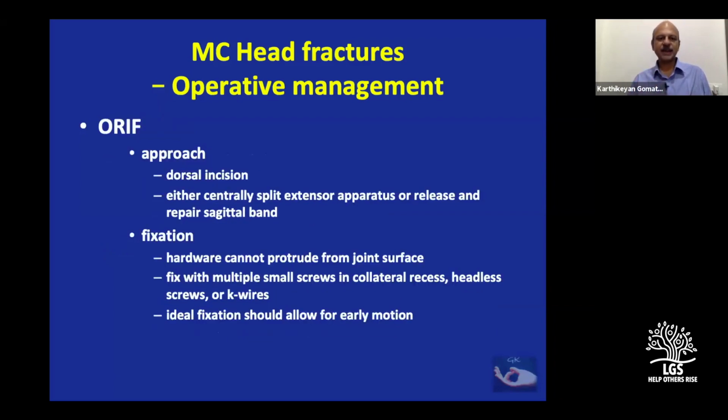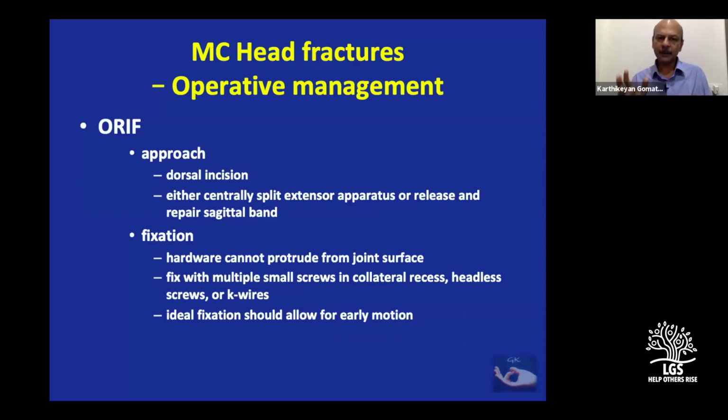We open it on the dorsal aspect, split the extensor apparatus, or release and repair the sagittal band, because at this point you have got the extensor sagittal band. Then we fix it in such a way that the hardware should not protrude from the joint surface, and we fix with multiple small screws or K-wires. Now, ideal fixation should allow for early motion.